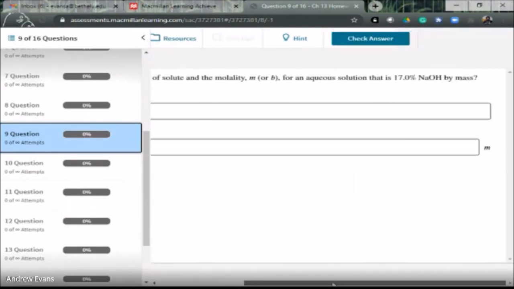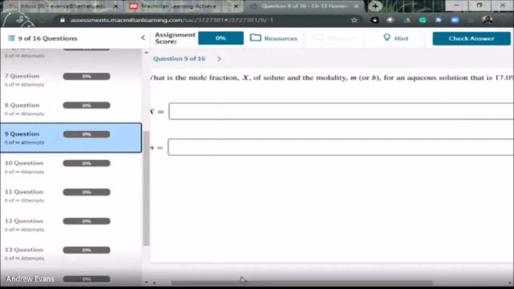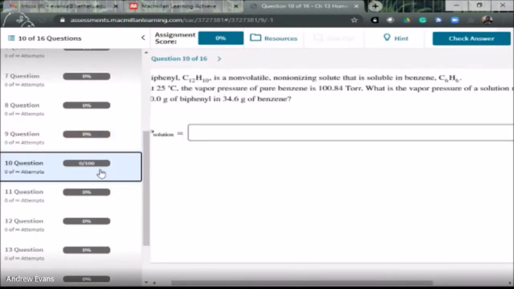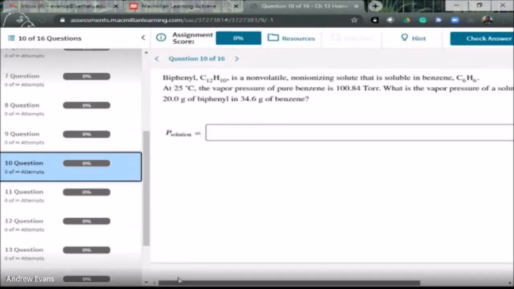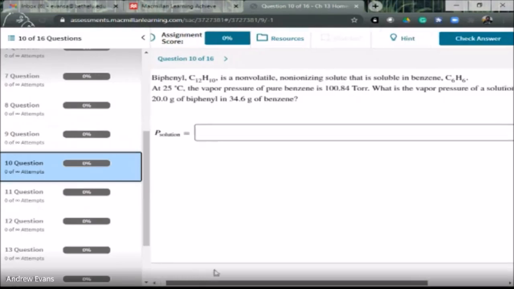Let's see if I can find one that we haven't really gone over. Here we go. The vapor pressure. We'll do this one real quick, and this will probably be where we end it. So biphenyl, C12H10, is a non-volatile, non-ionizing solute, and soluble in benzene, C6H6.